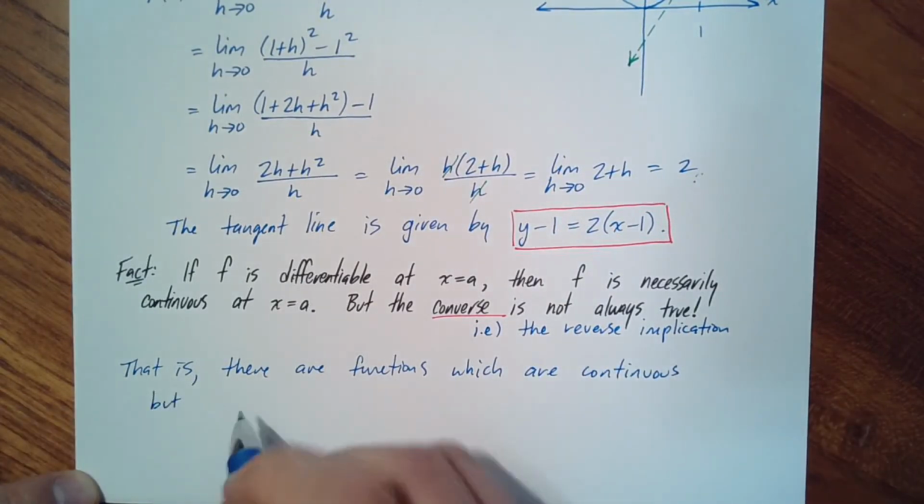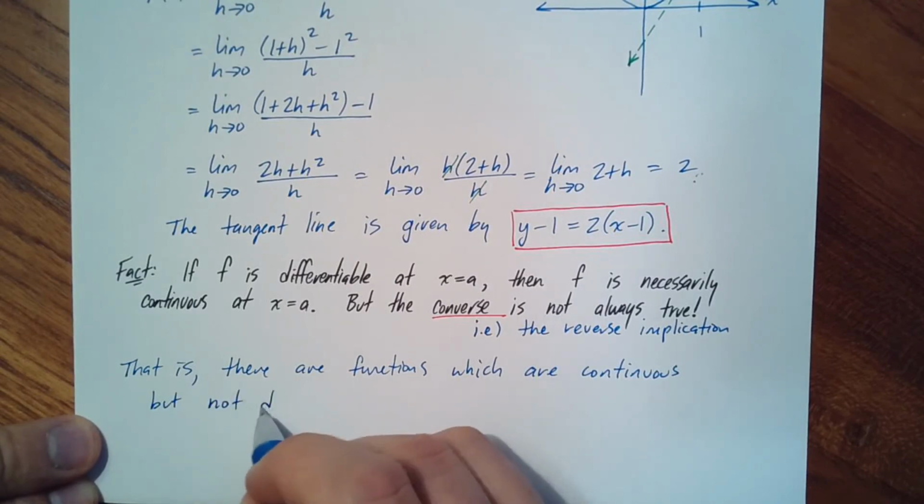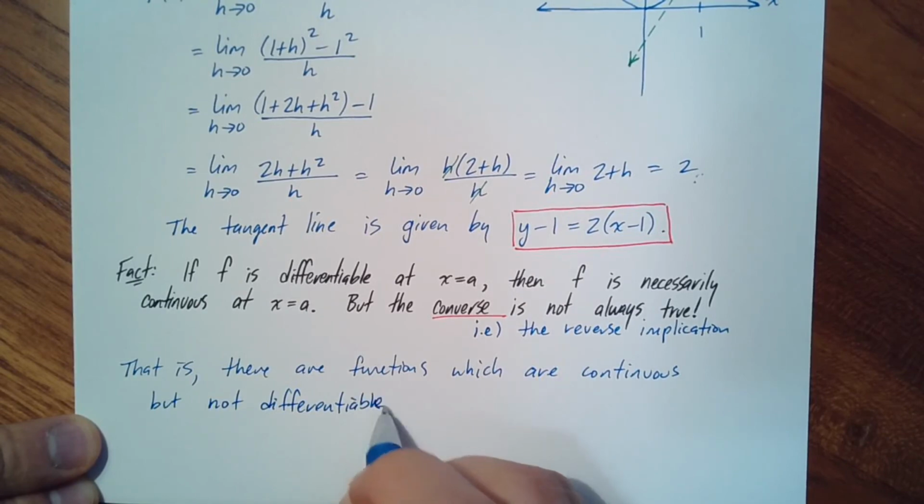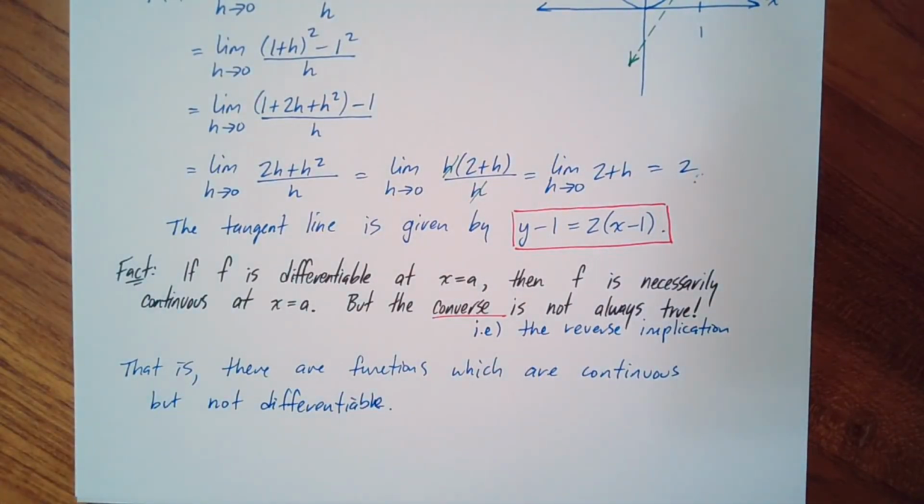I'll just say continuous but not differentiable. What I mean by that is it's easy to come up with a function and a particular point in the domain of that function, where that function happens to be continuous at that point, but not differentiable at that point. And in the next video, I'm going to give you an example of that.